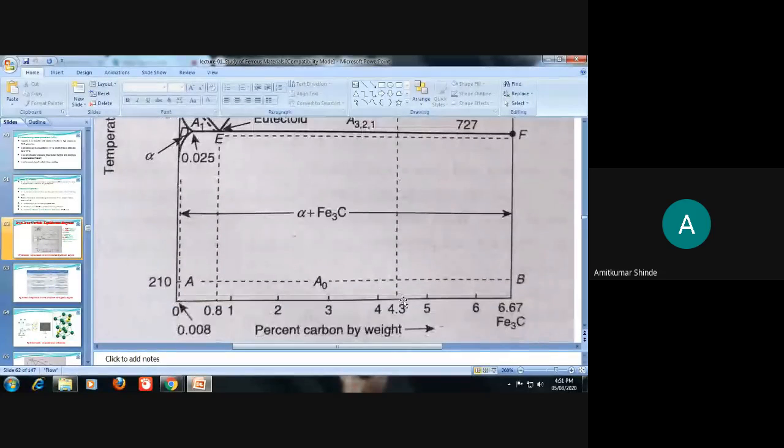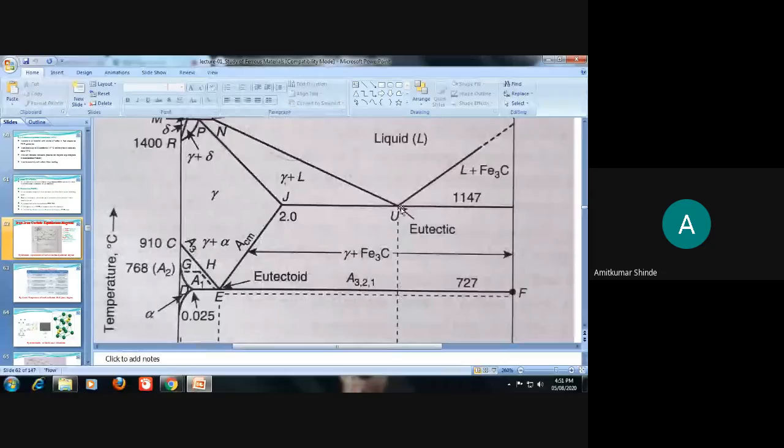Now these cast irons, whenever carbon percentage is exactly 4.3 at this particular point, will be termed as the eutectic cast iron, because here eutectic transformation is occurring.